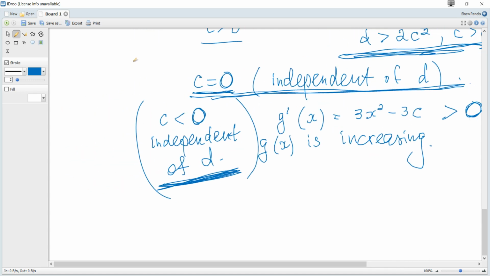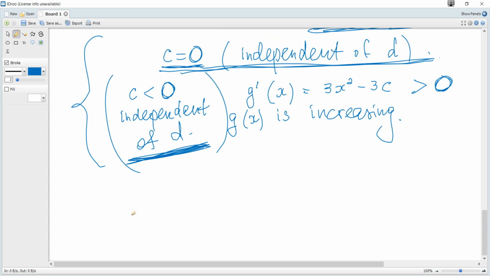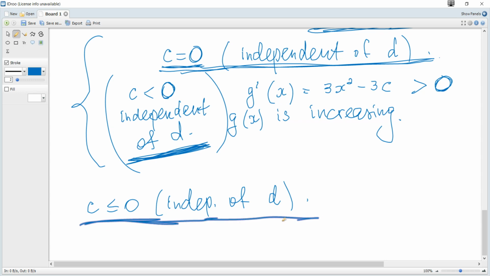And we can combine these two situations. So when c is less than or equal to 0 and independent of d, there will be only one x-intercept as required.